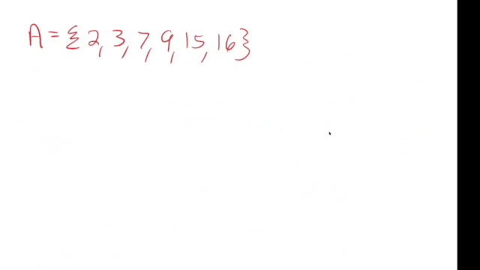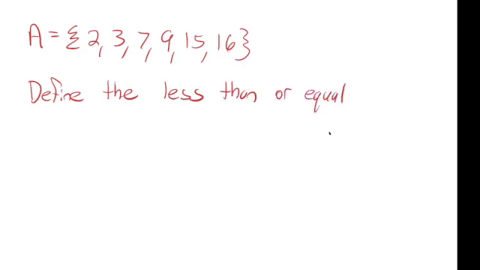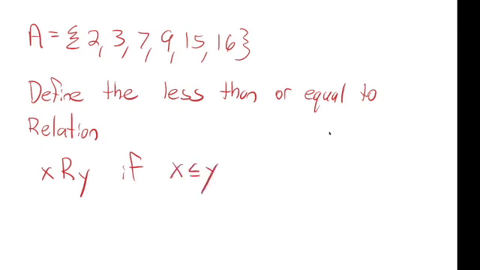And I want to define the less than or equal to relation, meaning I'm going to say X is related to Y if X is less than or equal to Y.